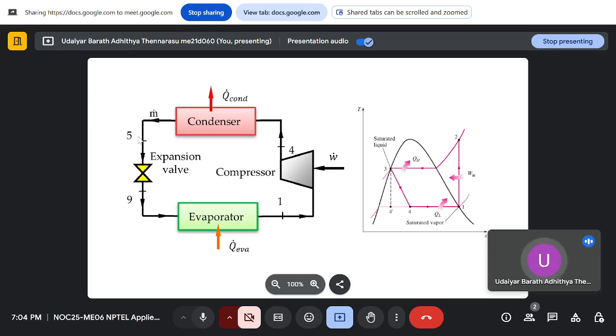So you are putting in an expansion valve. What this does is you are getting rid of one moving component, which increases the reliability of the system. So that's the advantage here, changing from an isentropic process to an isenthalpic process.